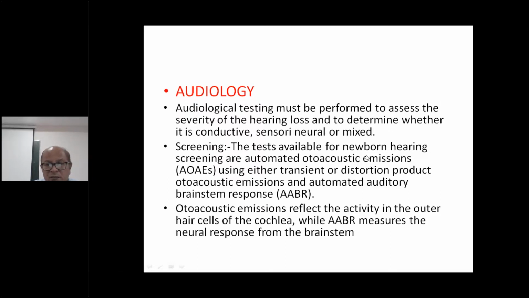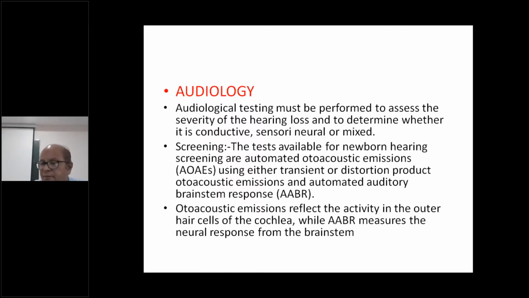If otoacoustic emission is a pass, then it indicates that mostly the child has normal hearing. But if on one side it comes as a refer, then you have to go to an automated auditory brainstem response. Either you repeat the otoacoustic emission after 1 month.